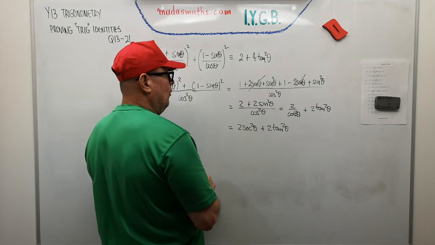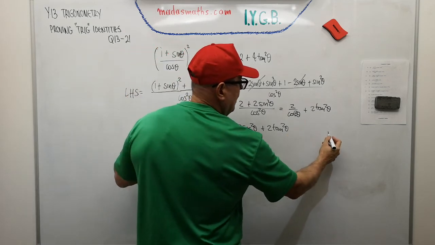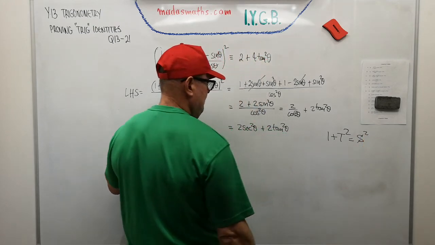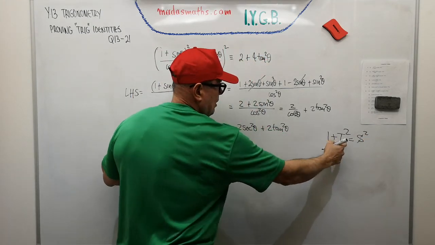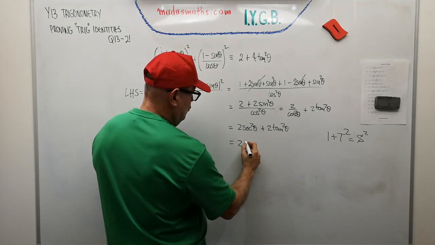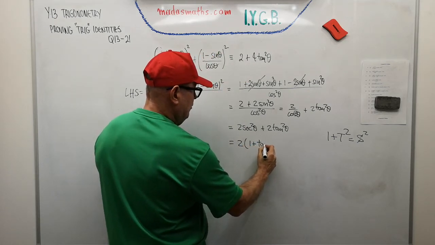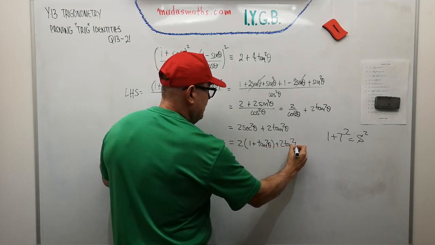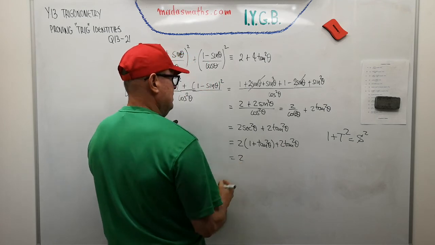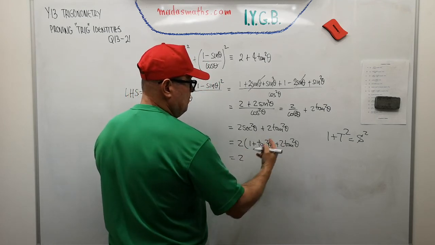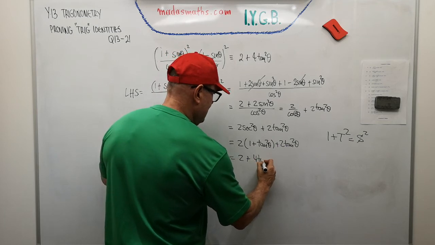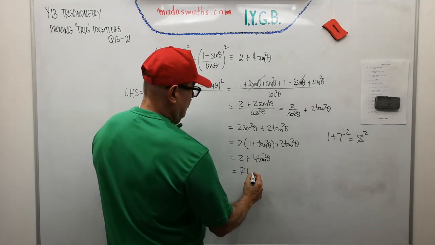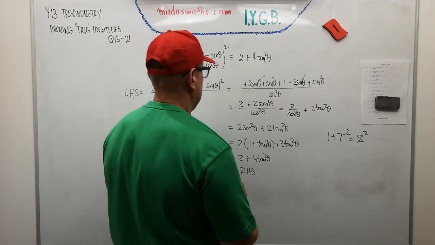And then there's of course the Pythagorean identity that says 1 plus tan squared theta is equal to sec squared theta. So the sec squared is 1 plus tan squared, so I'm going to write this as 1 plus tan squared theta plus 2 tan squared theta. And of course after that, 2 multiplied out, 2 tan squared plus 2 tan squared is 4 tan squared of theta, which is my right hand side, and the identity is proven.